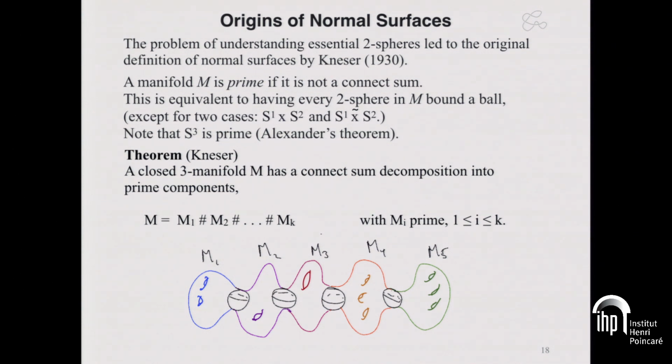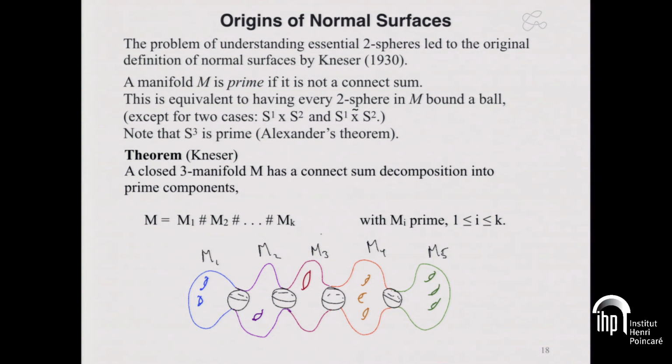So you start with a 3-manifold, and you cut it along spheres, and you get these pieces, M1, M2, M3, M4, and M5, and so on. These are closed orientable manifolds, and you say that the original manifold is a connect sum of these 5 pieces. And it was natural to study these prime manifolds because they seem to be the simplest type of 3-manifolds, and it certainly looked like everything was built from connect sums of things that were prime.